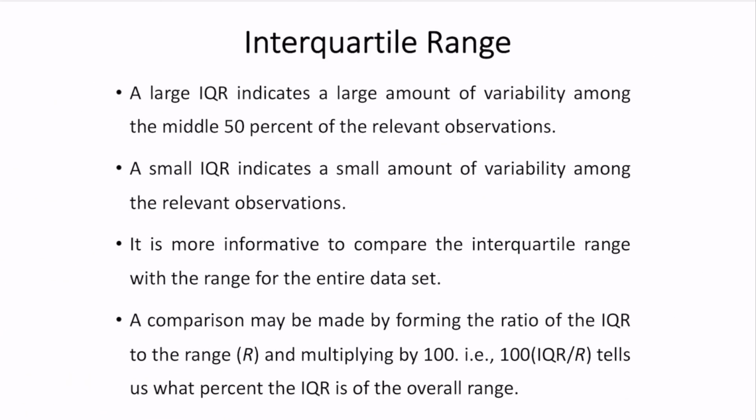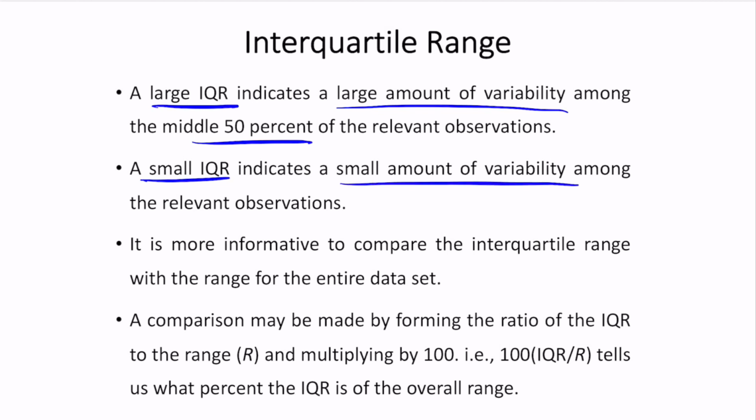So let's take an example. A larger interquartile range indicates that there is a large amount of variability among the middle 50%, and a small interquartile range means there is a small amount of variability among the relevant observations. It is more informative to compare the interquartile range with the range for the entire data set, because the interquartile range relies on the entire data, not on the edge values.